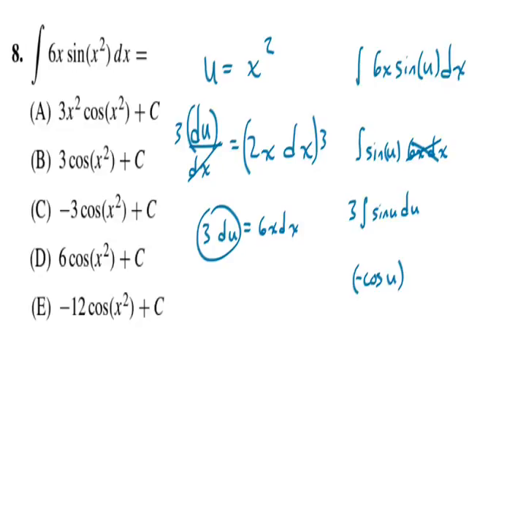We have to multiply this by 3. Put a 3 right there. And then we have a plus c. Let's sub the u back in, so then we have negative cosine x squared plus c. And so our answer is letter C.